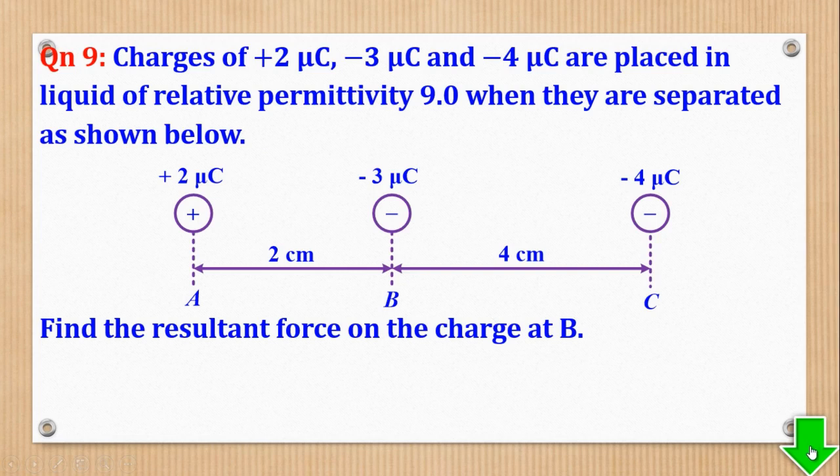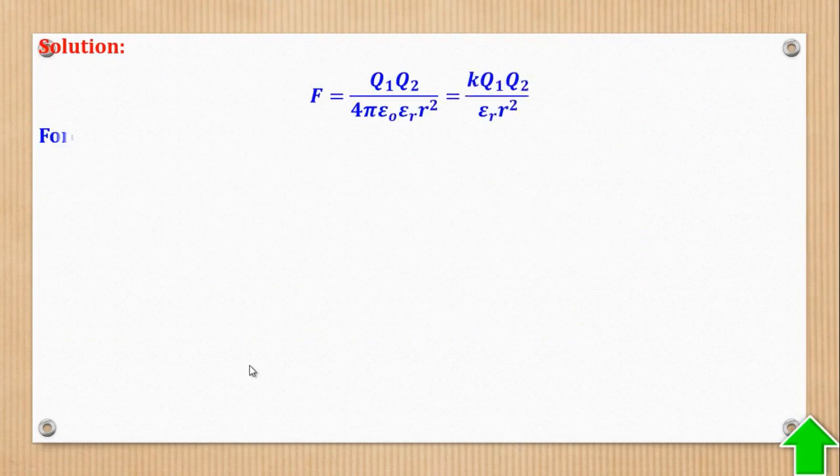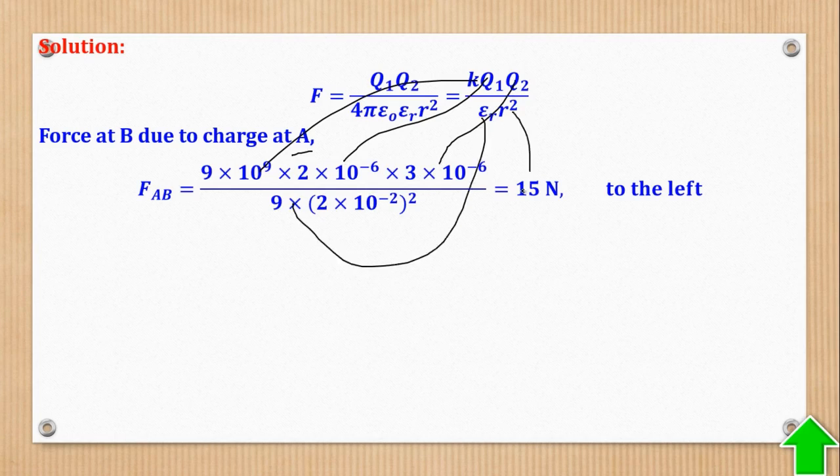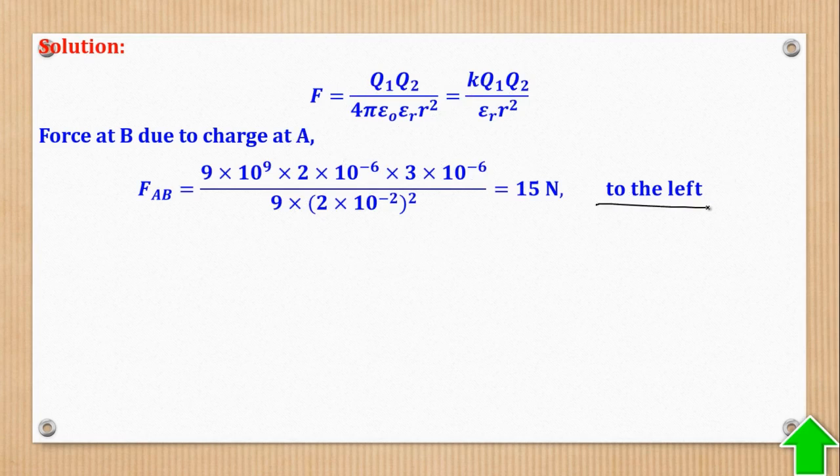Like I told you, charges in a straight line, you don't need to redraw, so I'll just quote the formula and then substitute. So force at B due to charge at A will be equal to this. That is K, this is one charge, another charge, relative permittivity, and separation. It is to the left because it was attractive.